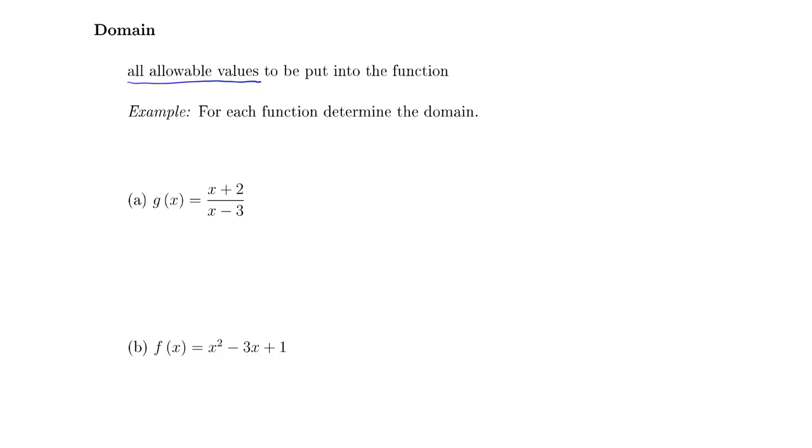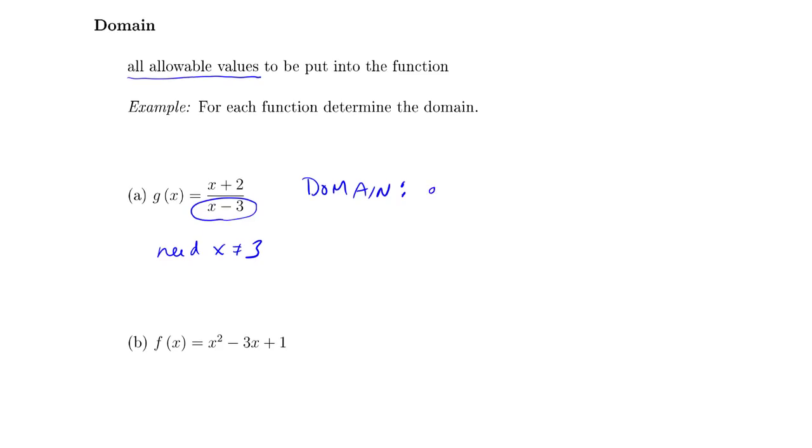So if I want to determine the domain here for this first one, I'd be looking here, and I see I have a denominator of x minus 3. That means I need x to not be 3. So there are a few ways I could say this.